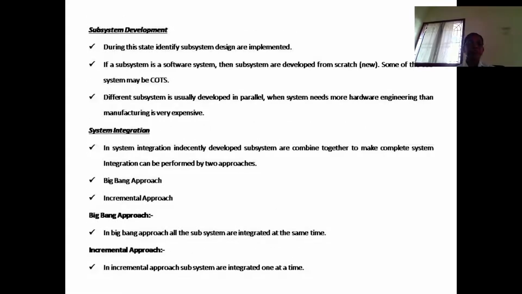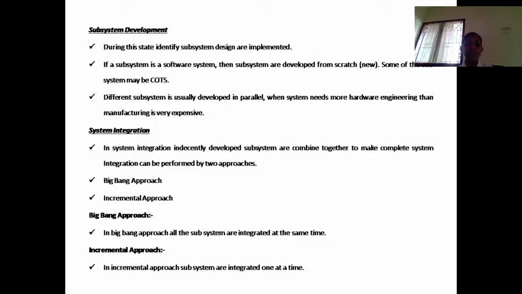Then subsystem development. During this stage, the subsystem design is identified or implemented. If a subsystem is a software system, then the subsystems are developed from new. Some of the systems may be COTS. Then system integration. In system integration, subsystems are combined together to make a complete system.